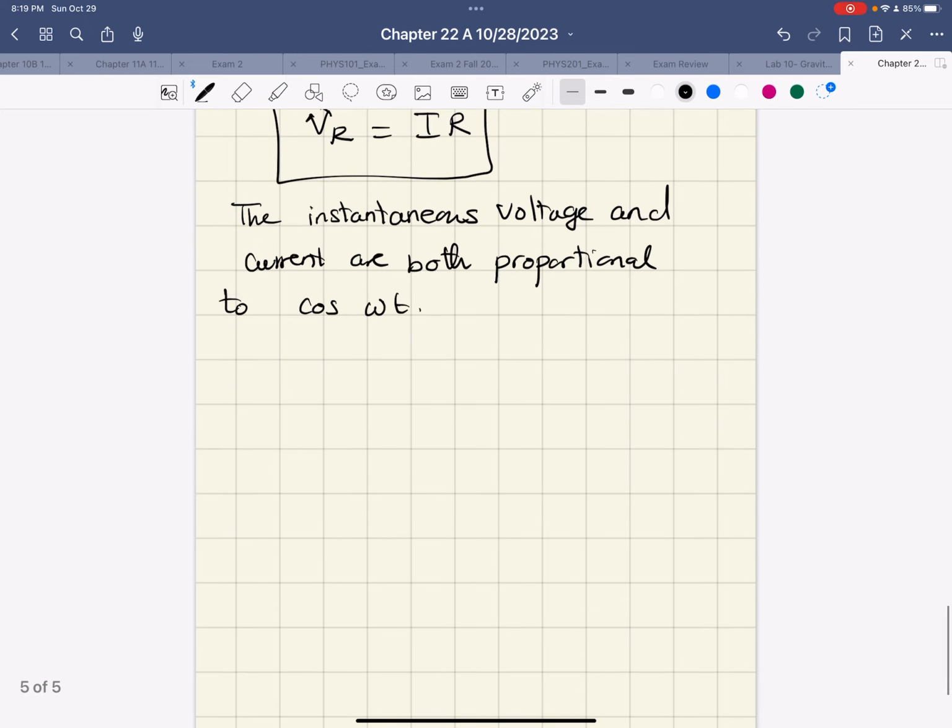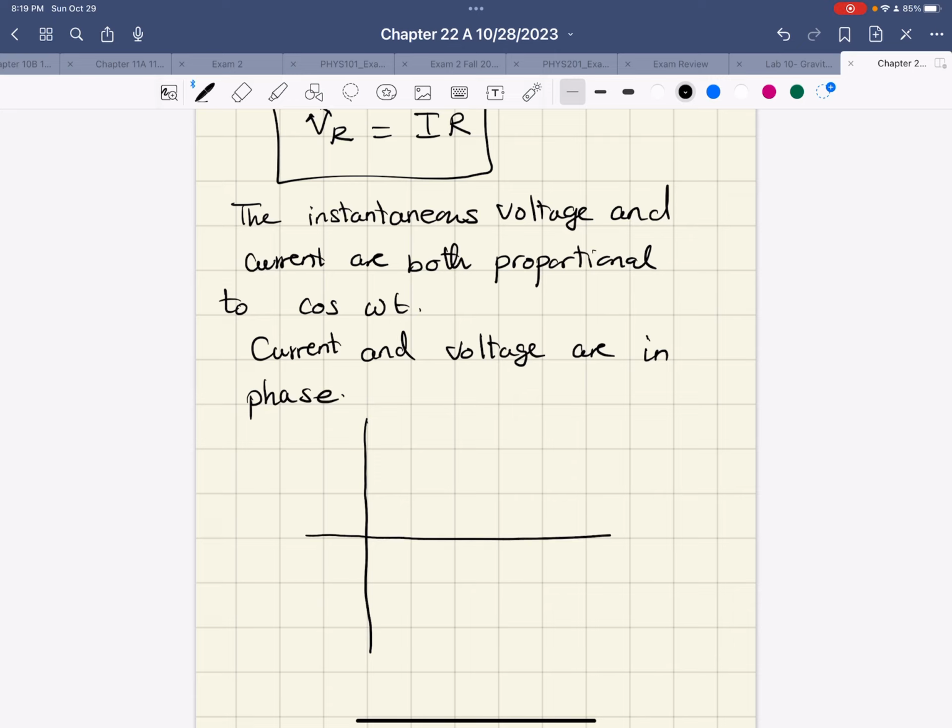We say that current and voltage are in phase. And what does that mean?